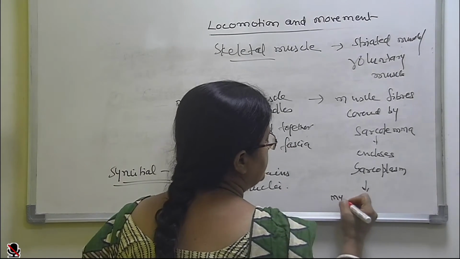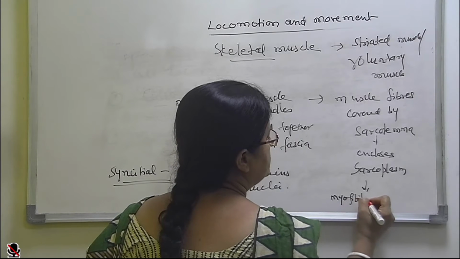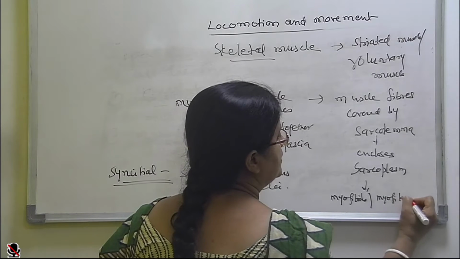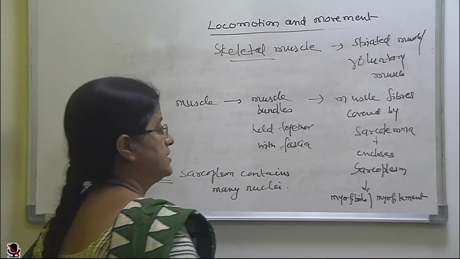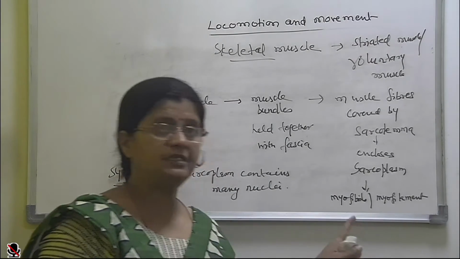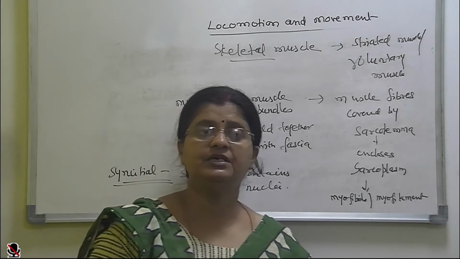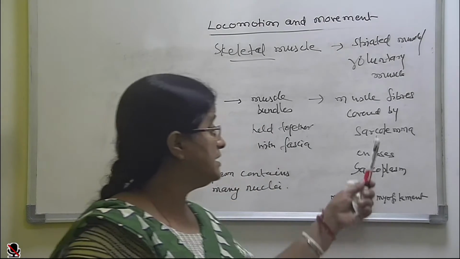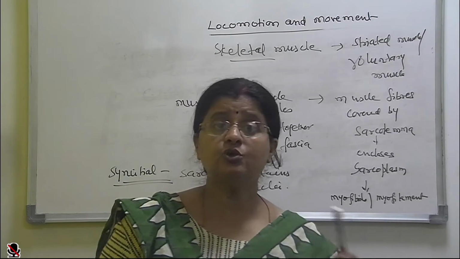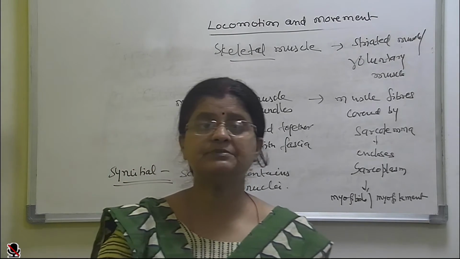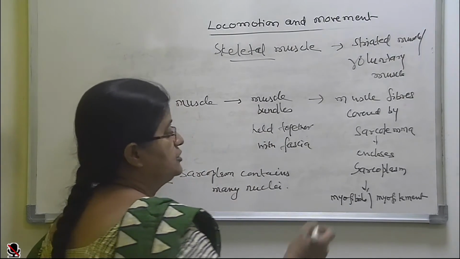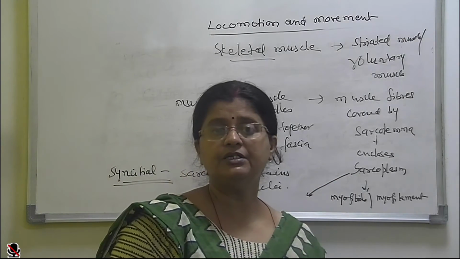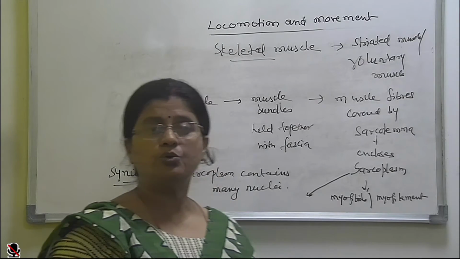This contains many myofibrils or myofilaments, which are the parallel arranged filaments. And the sarcoplasm also has the sarcoplasmic reticulum, which is the source of calcium ion, where the calcium ion is stored, right?